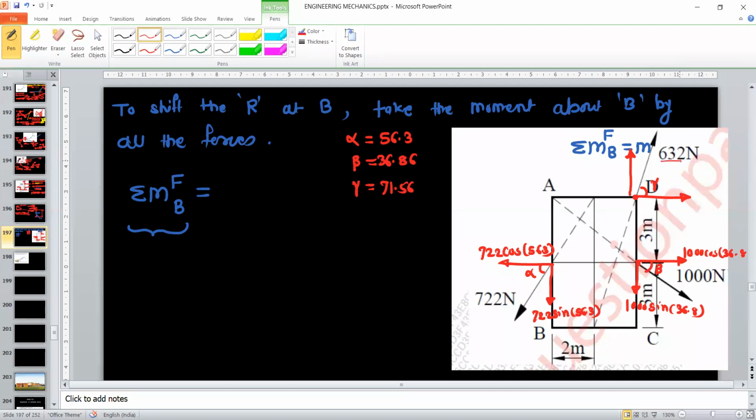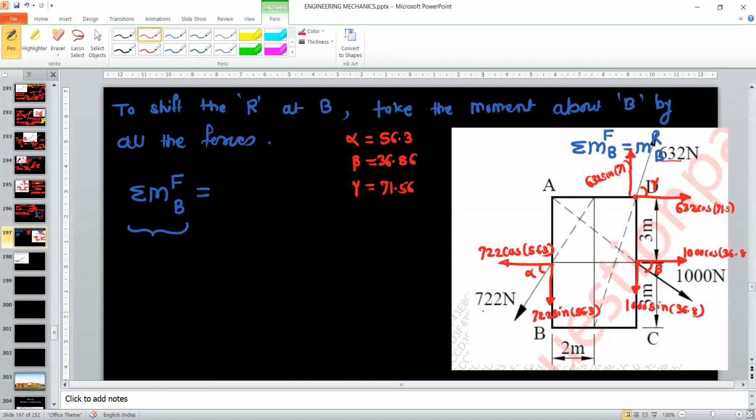When you resolve 632, the angle is gamma, so its x component is 632 cos 71.56 and the y component is 632 sin 71.56.